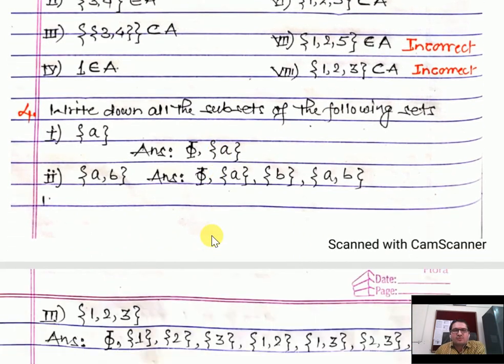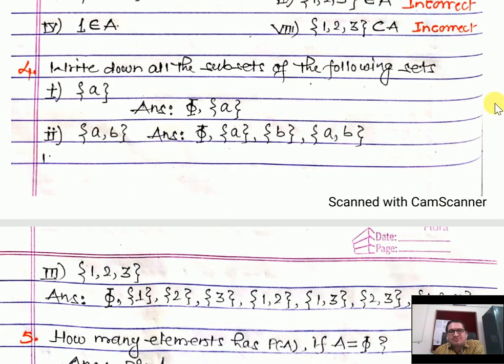Question number 4. Write down all the subsets of the following sets. So this set is given, all subsets will be ∅. ∅ is a subset of every set. Write the subsets of this A, B. The first subset of {A, B} is ∅, then A in the set form, then B in the set form, then AB in the set form.